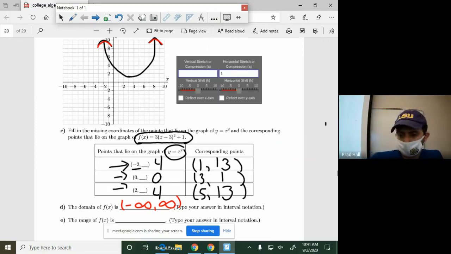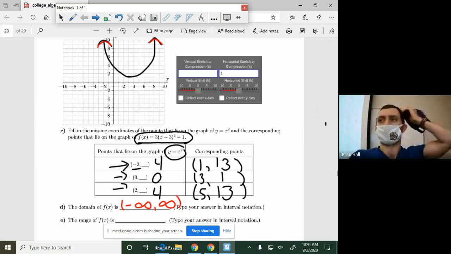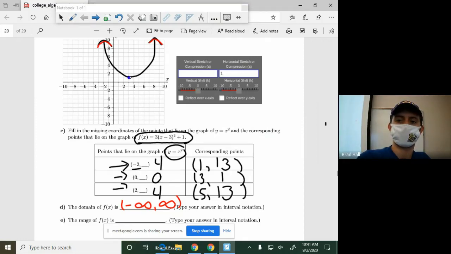The range is how far down versus how far up. It's not going to be -infinity. The furthest down is right here. What's the y value of that point? Seems to be +1.